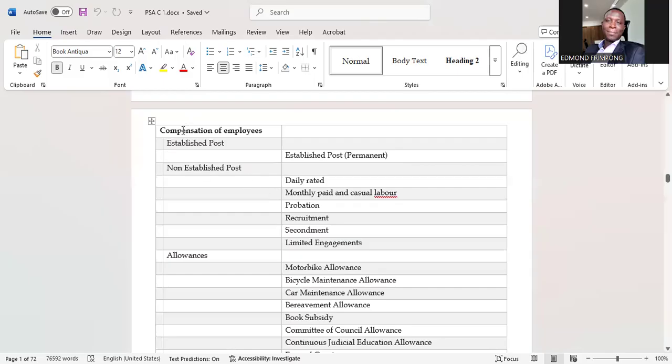All right. So when we come to compensation of employees, which has to do with any form of money paid into the pocket of labor, be it allowance or salary or whatever, in the public sector or the government's classification of expenditure, the moment you hear of compensation of employees, these are the things that come to mind.